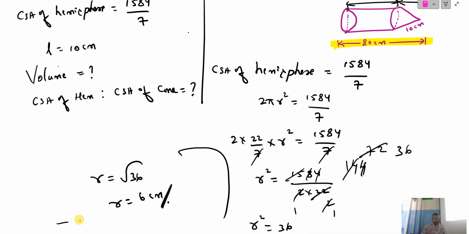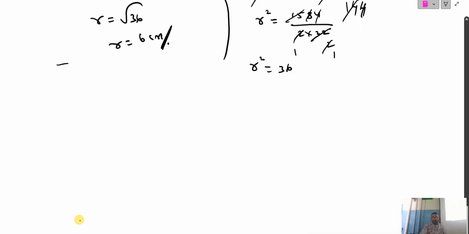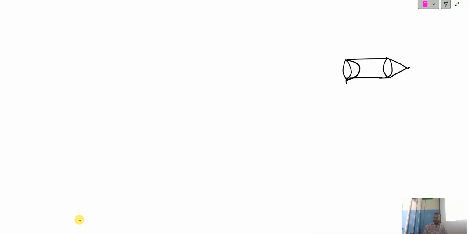Now, since they are asking us to calculate the value of volume, as we know, this is our diagram. So this total height was 80 centimeters and slant height was 10 centimeters. That's all they have given. Now, we got to know the radius is 6 centimeters.